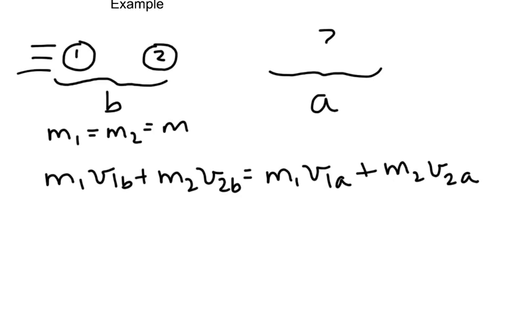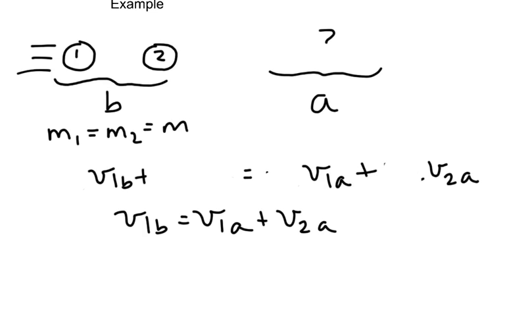Using conservation of momentum, we come up with this formula. We know that the masses are all the same, so we can cancel them out. We also know that the velocity of the second ball before the collision is 0, so we can get rid of that term as well.